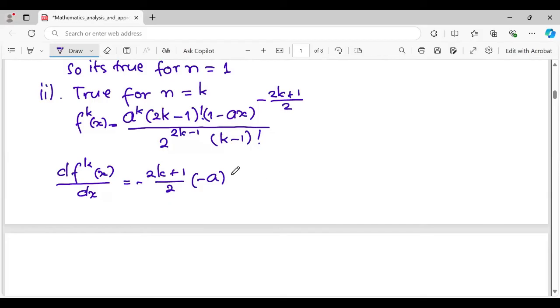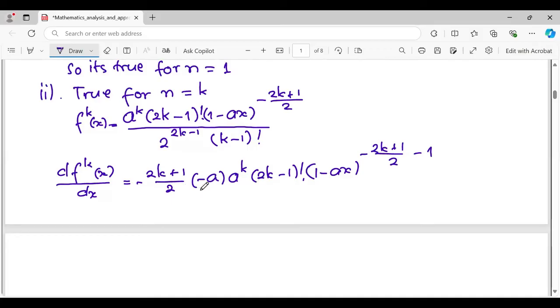And after that, a power k, and then 2k minus 1 factorials, 1 minus ax power minus 2k plus 1 over 2 minus 1, and that is the derivative.